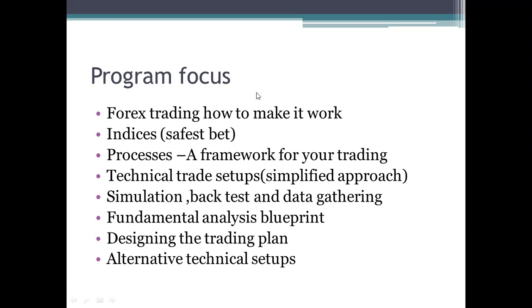So it's going to go like this. From today, I'll try and squeeze in this session: how to actually make forex trading work. This is a very broad statement as well, because it's not just going to be currency trading. We're going to be introduced to equities and indices, which we're going to be doing tomorrow. Tomorrow is Thursday, is it?